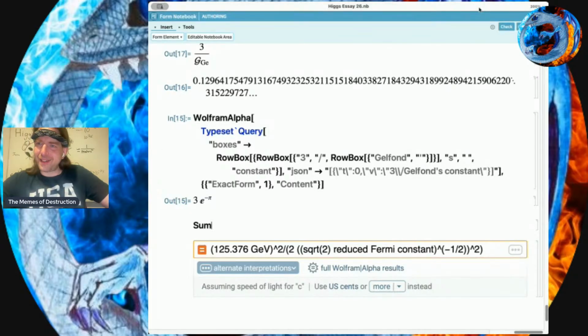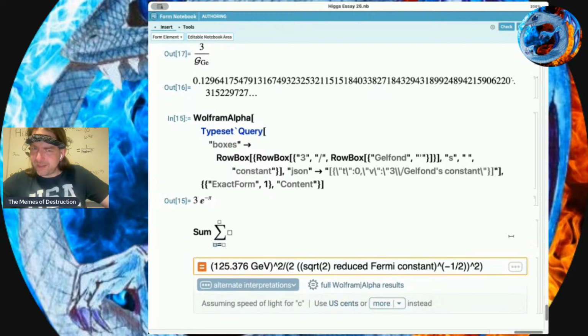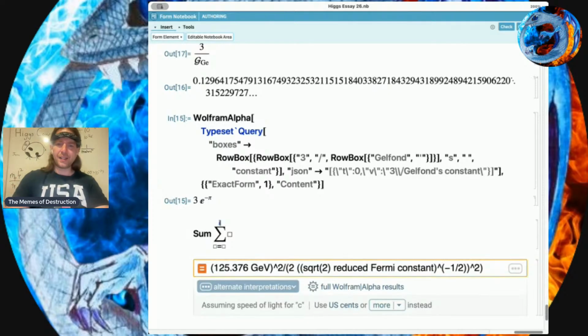Obviously hiding. So, notation of that. So, we need the sum, infinity, n equals 0.